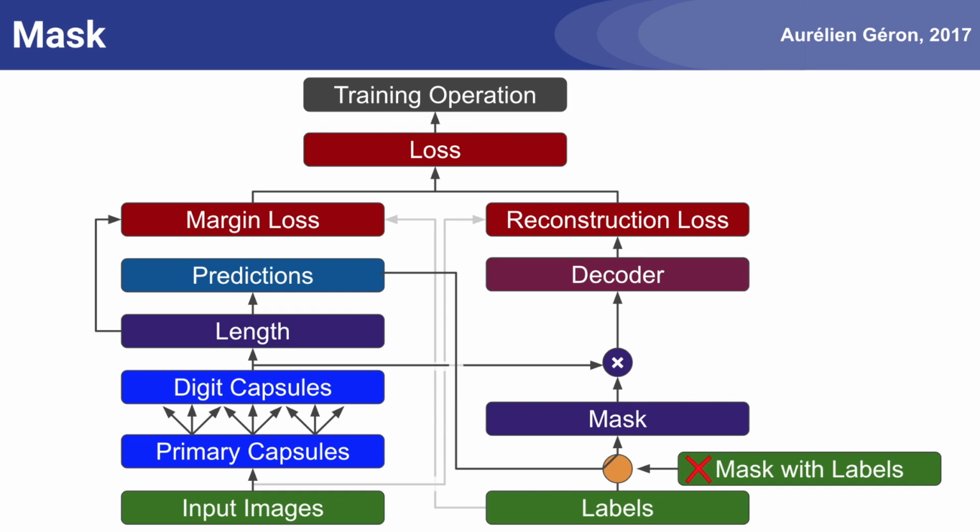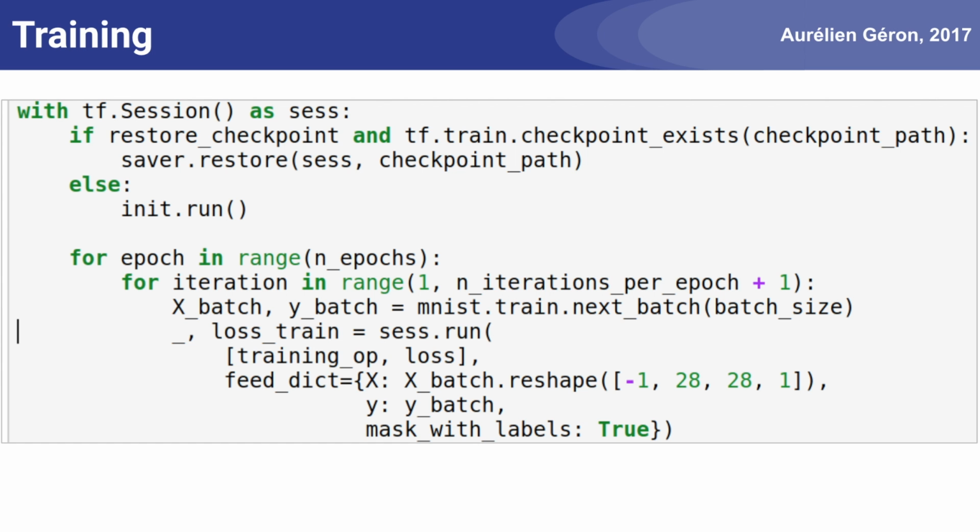So we've actually finished. Here's the full picture again. The construction phase is over. Our graph is built. Now on to the execution phase. Let's run this graph. First, let's look at the training code. It's really completely standard. You create a session. If a checkpoint file exists, load it, or else initialize all the variables.